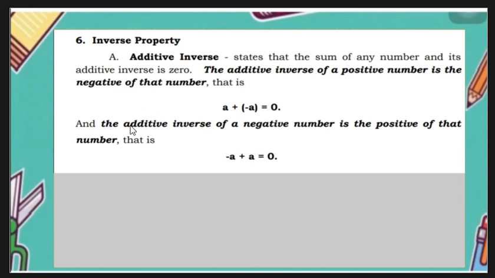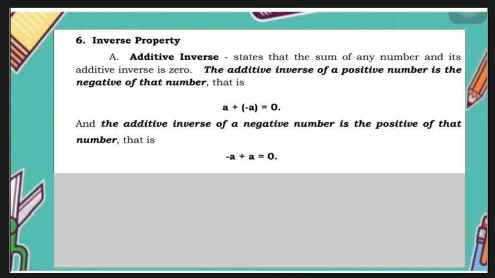And the additive inverse of a negative number is the positive of that number. So inverse or reverse, we have negative A plus A is equal to still 0.